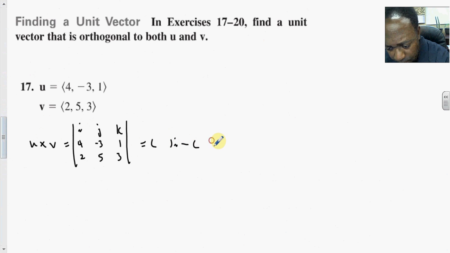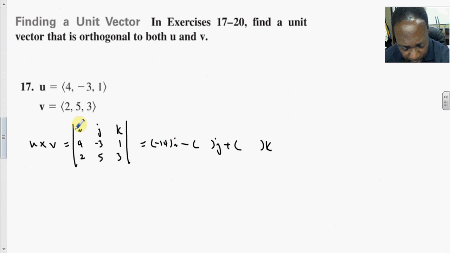I minus J plus K. So we first delete the ith row and column, so we get -9 minus 5, -14. For the jth position, delete the jth row and column, so we get 12 minus 2 is 10.